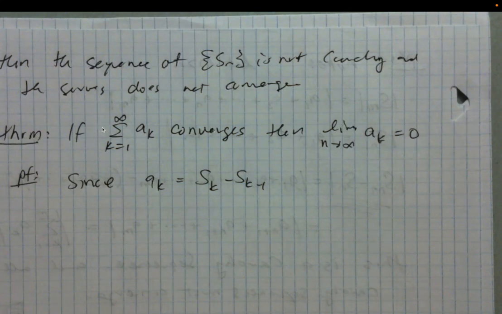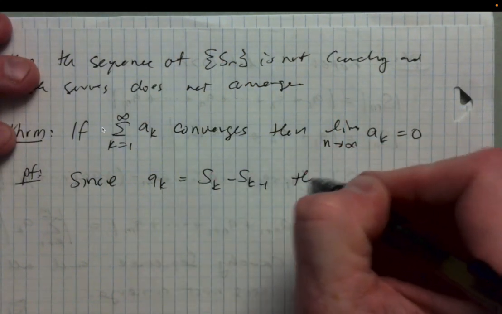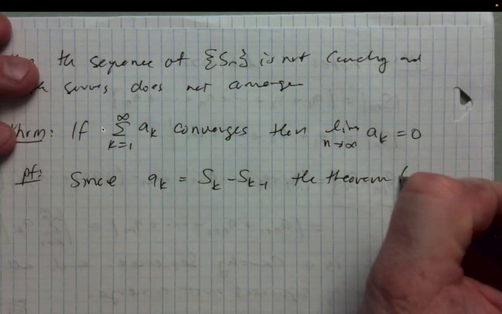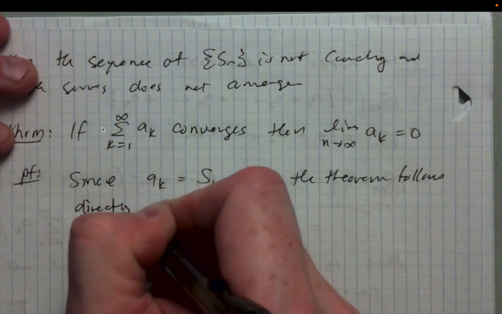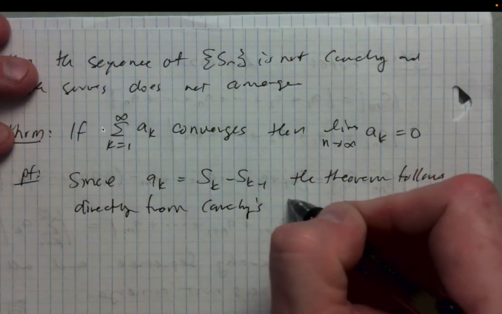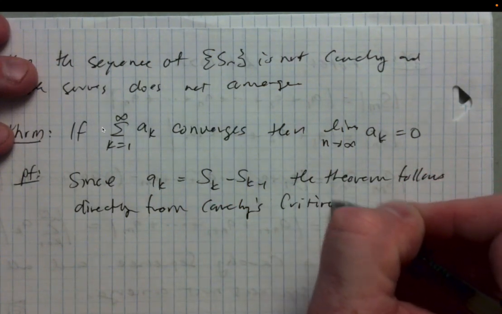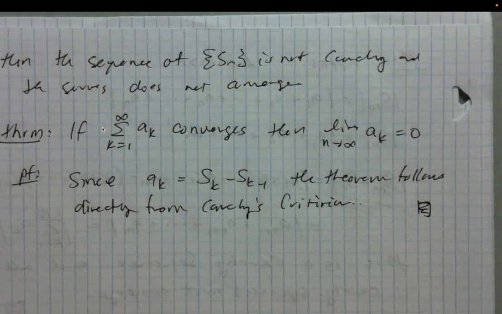If you set it up like this, the theorem follows directly from Cauchy's criterion. Okay, and I realize that's not really a proof, but sometimes I just want to leave a little bit for you guys to do, so see if you can flesh that out.